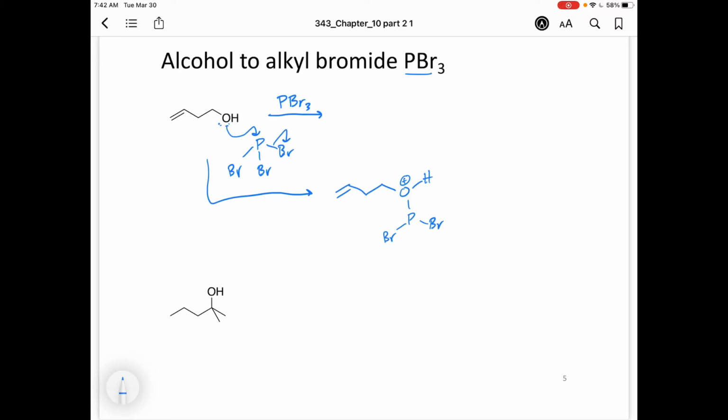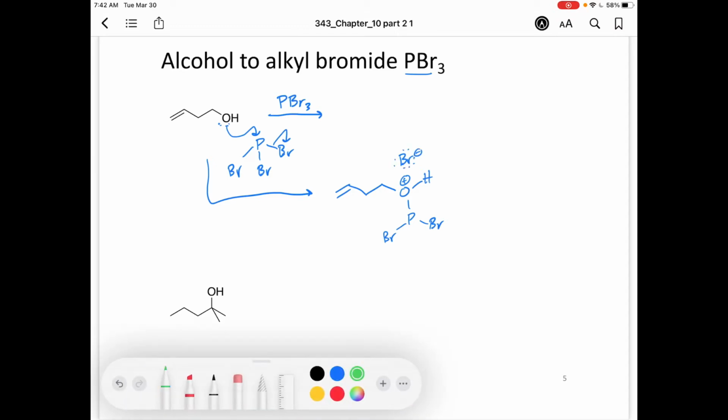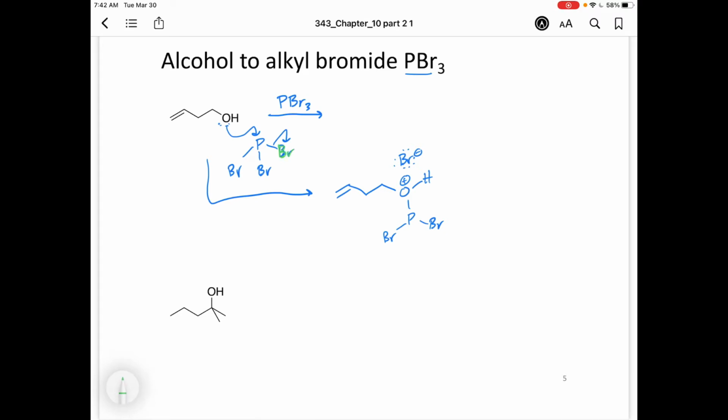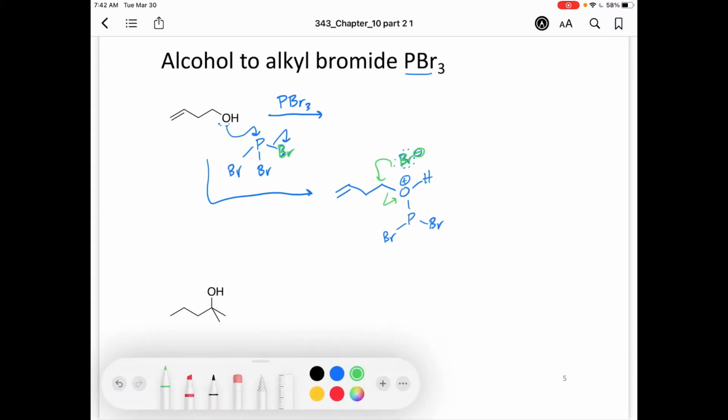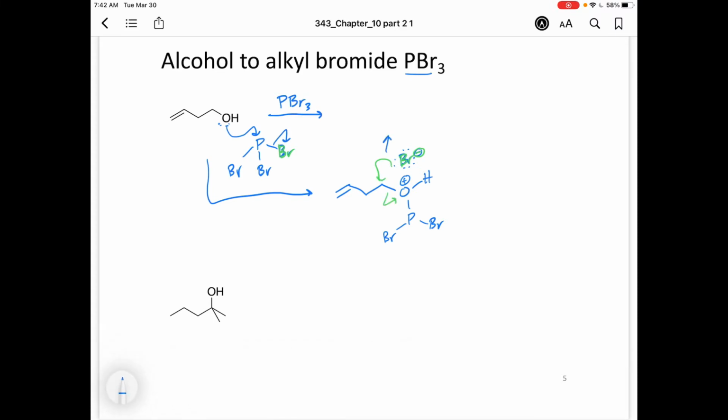And so what's going to happen next is we can take our Br minus, this is the Br minus that we kicked out, here it is, and we're going to kick out this leaving group. Now this does not react with the alkene, so everything's good.